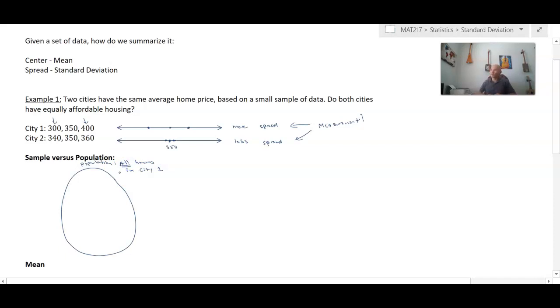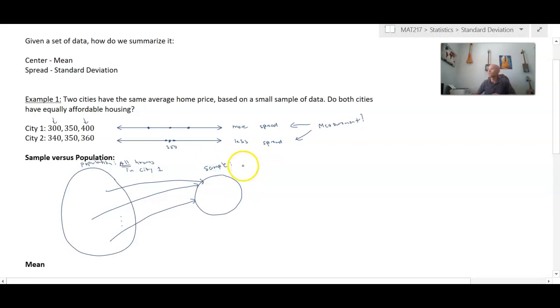Now, if we're collecting data, we don't have the time or the resources to sample every single home. So usually what we do is we hopefully, as randomly as possible, select a series of homes, and we form a smaller pool, which we call the sample.